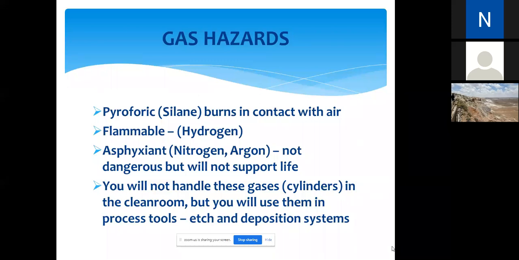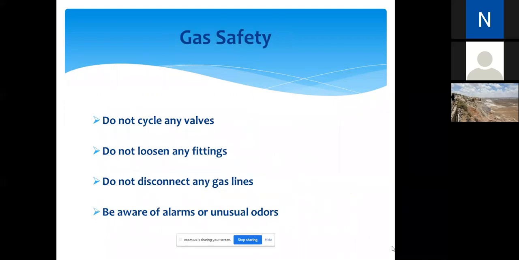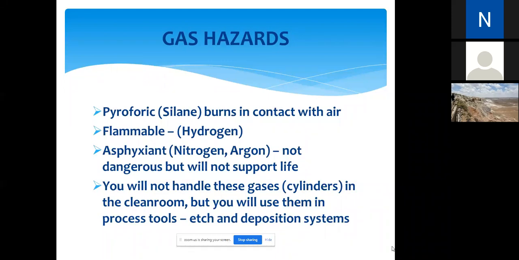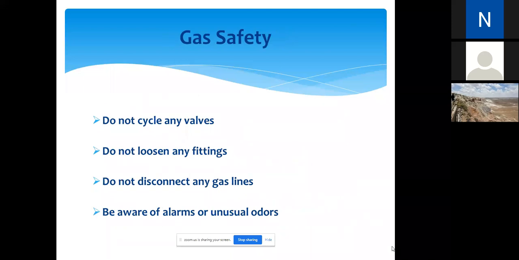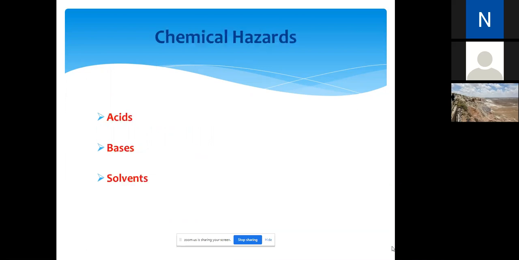They won't let you do it, but you can watch them change the nitrogen cylinder. So we don't let students do any kind of maintenance in terms of gases.